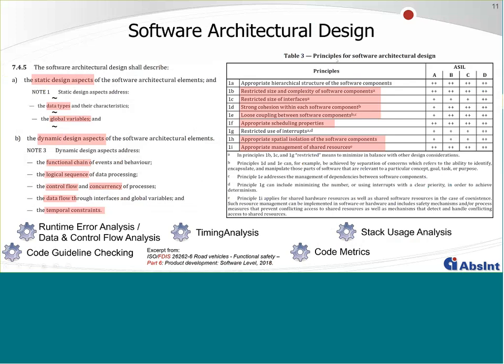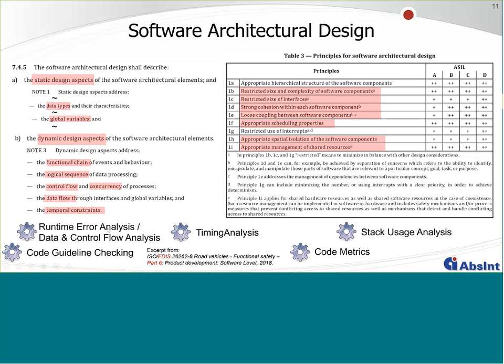Well, principles for software architectural design. Here you see requirements like restricted size and complexity of software components. Here you're in the area of code metrics. Strong cohesion within each software component or loose coupling between software components. Here you are in data and control flow analysis and at the same time runtime error analysis, because you can leverage the same activity for both of them. Appropriate spatial isolation of software components.